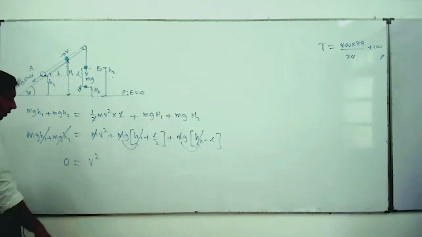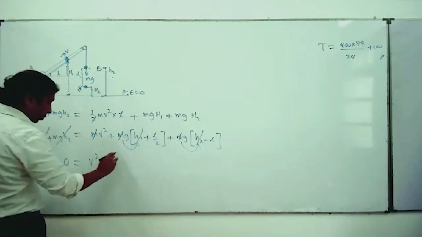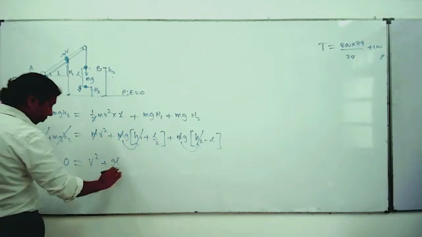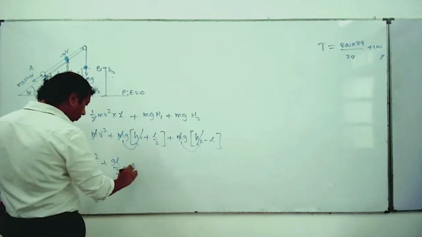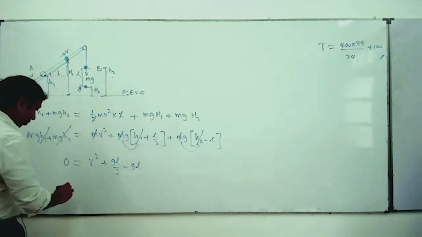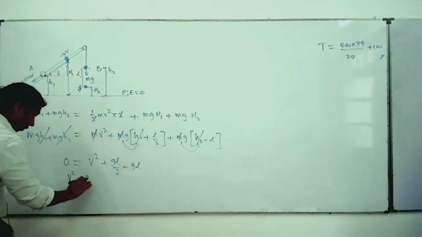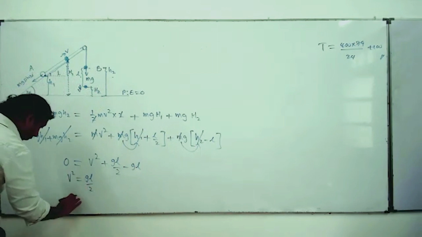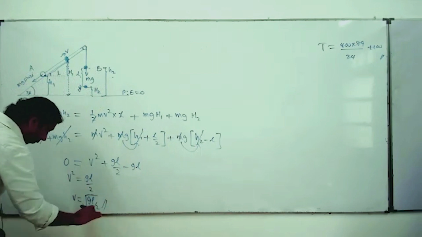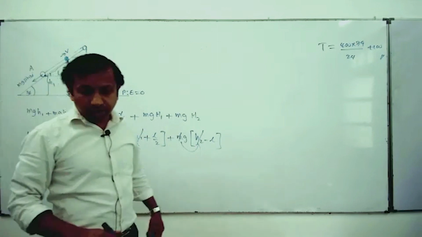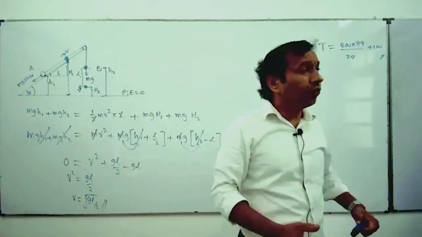Here v squared, gL by 2 and here minus gL. Then we get v squared equals gL by 2, v is the root of gL by 2. Correct, no? This is how we did it.